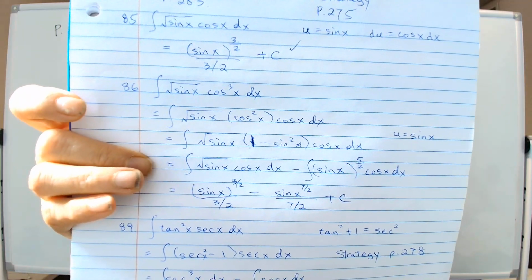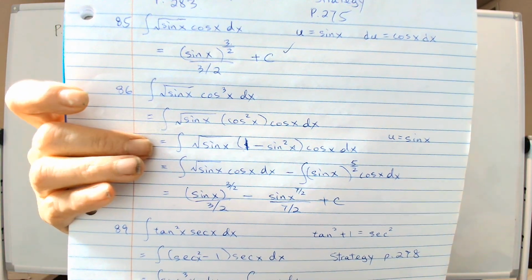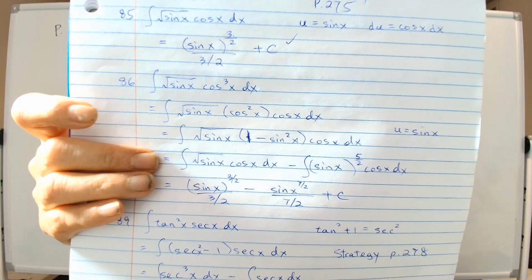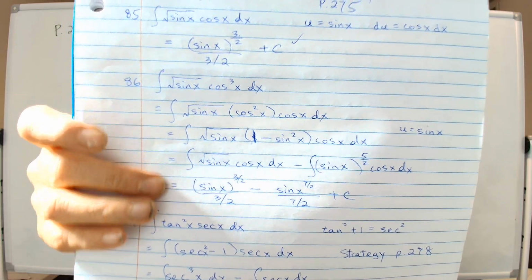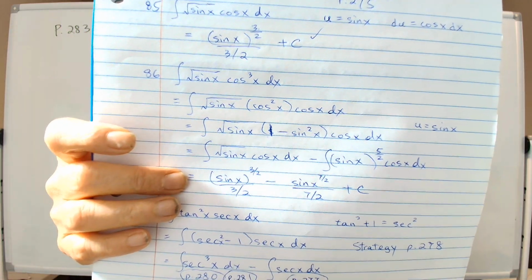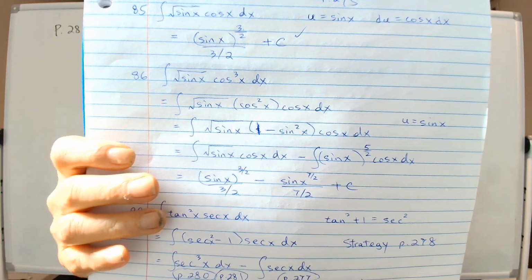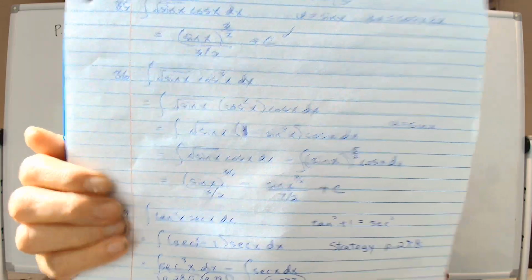We can put u as sine of x, but it's not really necessary; we can just do this in our heads. The square root of sine x times cosine x is the power 1/2, so you raise it to 3 halves, which is what we just did. And then the other part, sine to the 5/2 raised to 7 halves, divided by 7 halves, and that's your answer.